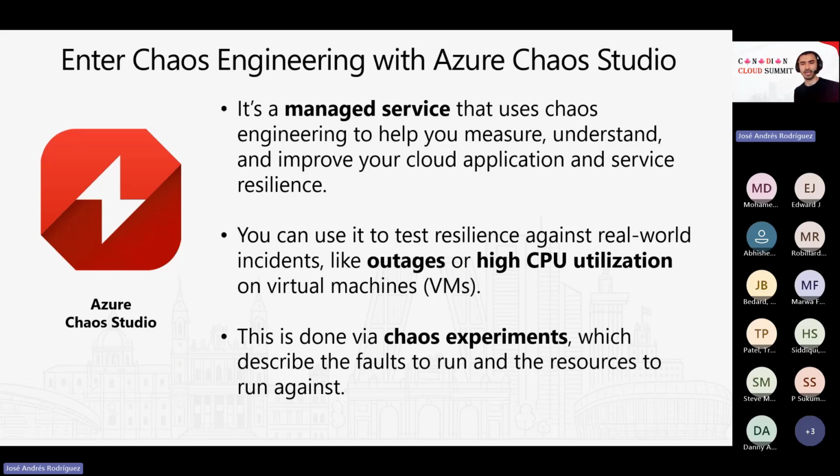It could be either killing virtual machines, or maybe adding latency to a network, or changing the permissions, that kind of thing, into services to see how their entire environment would behave under such stress, under such failure. And this is done via chaos experiments. And we will see a little bit more about what they actually are and how we can use them, how we can design them in the Azure portal.